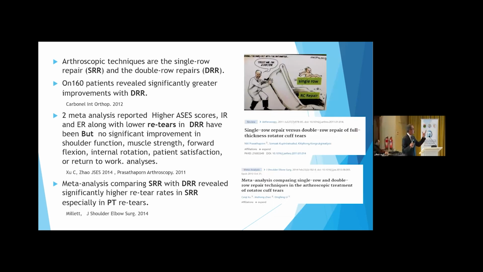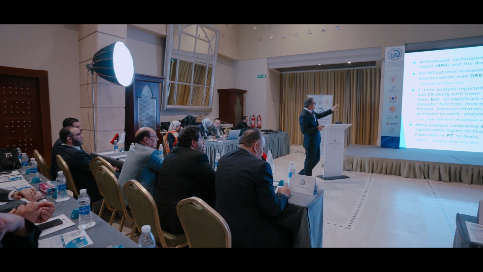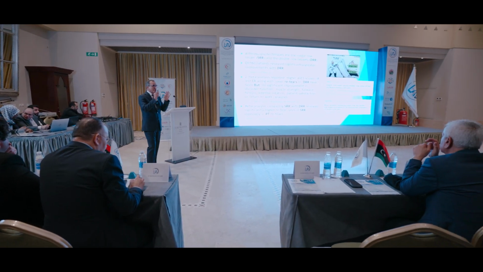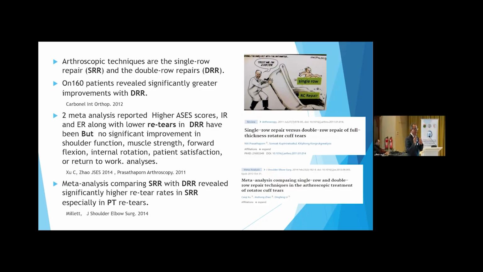For arthroscopic technique, we have two options, single row or double row. In 160 patients, a significantly greater improvement was revealed in the double row. So even here, the literature is flooded with double row versus single row. A meta-analysis comparing single row with double row revealed a significantly higher re-tear rate in the single row, especially in partial re-tears.